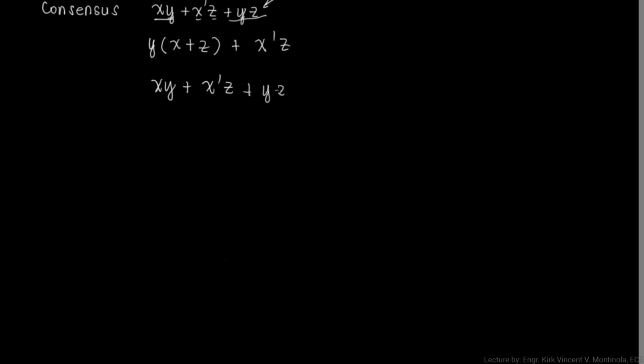We can say that yz is yz times 1, right? Then we can rewrite this as xy plus x prime z plus yz times (x plus x prime). Try to check this one, because a variable added to its complement always results in 1. So that is okay.